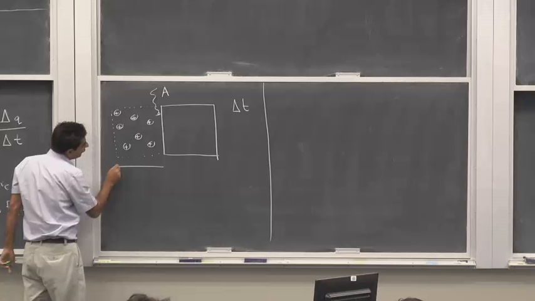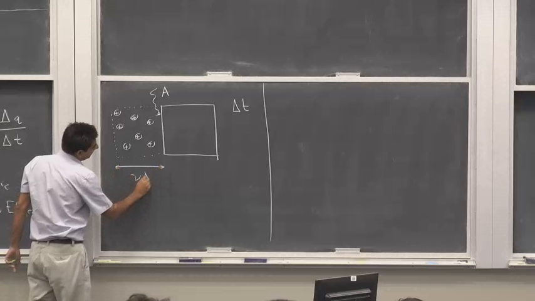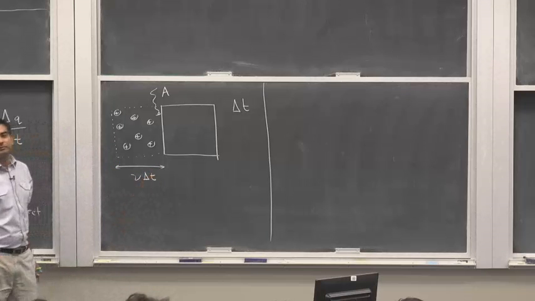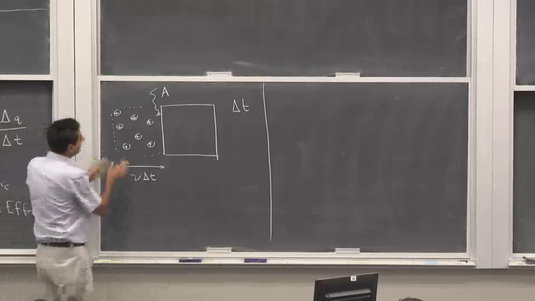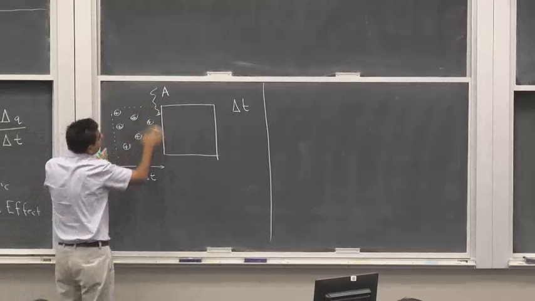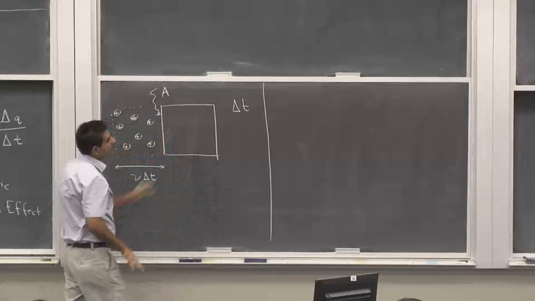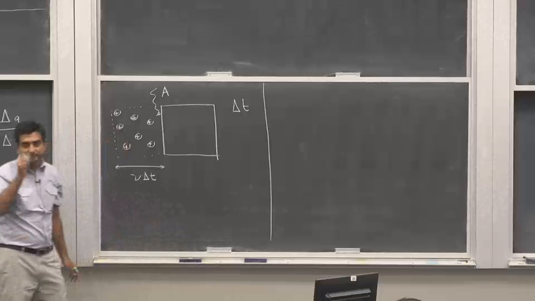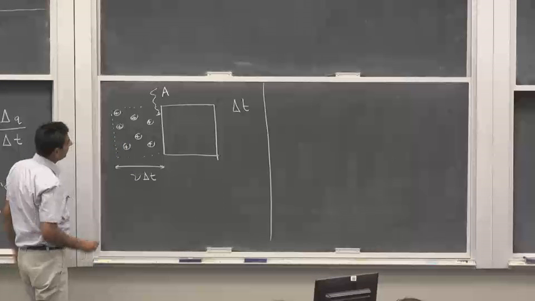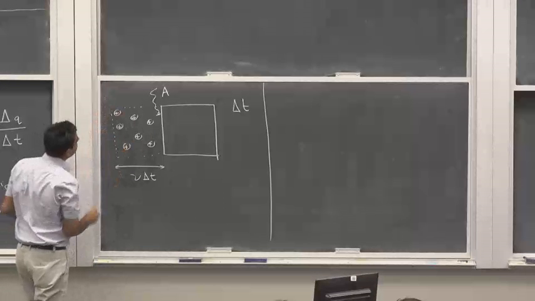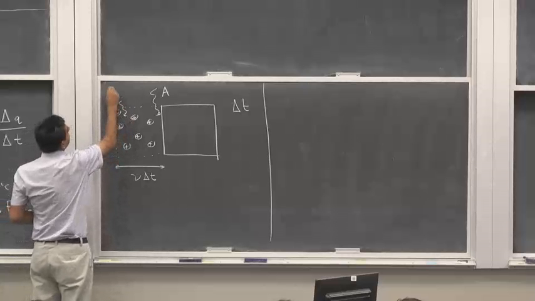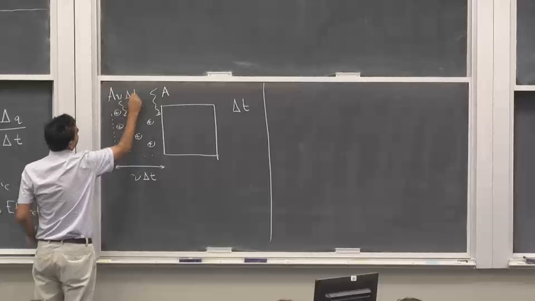So this length is going to be v delta t. Any charge that is within this length will cross this area and permeate into a neighboring volume in a time delta t. But the cross-sectional area is A. So the volume of this hypothetical cube is A v delta t.